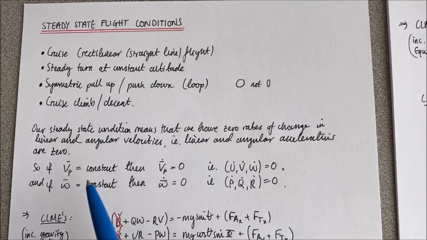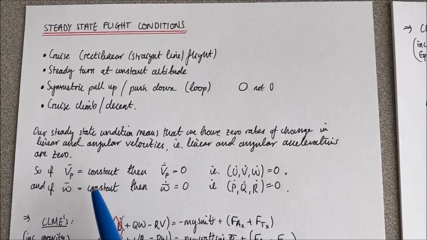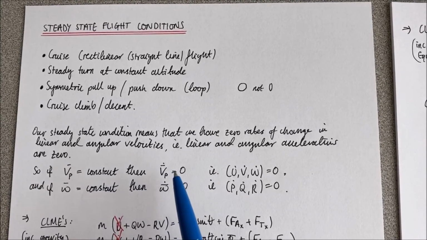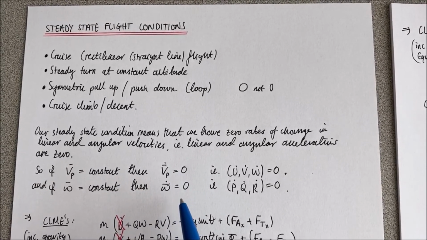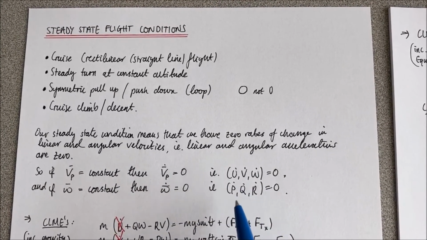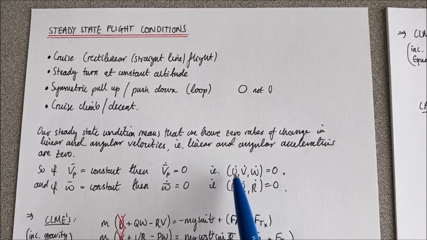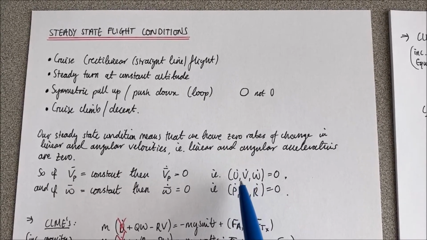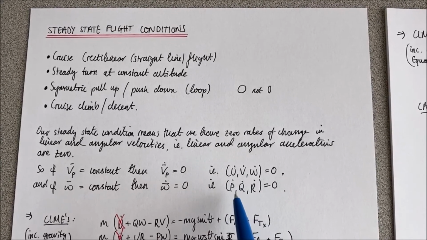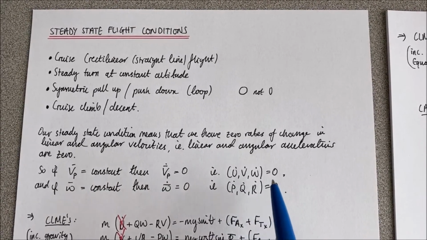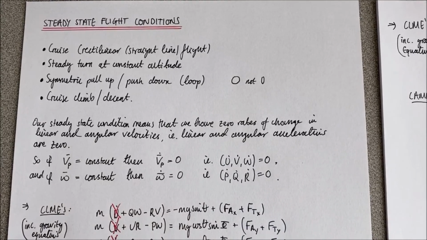So if our linear and angular velocities are constant, then our linear and angular accelerations are zero, which means that all of these components are zero. So the components of the linear velocity vector and the components of the angular velocity vector are all zero.